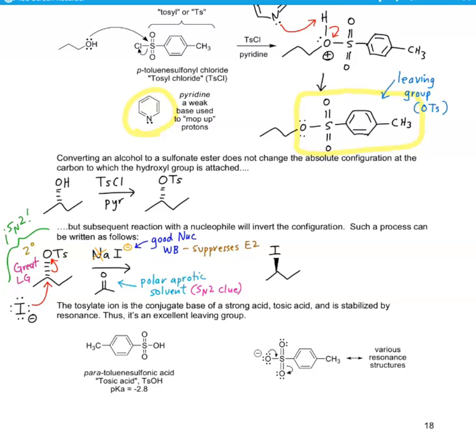Tosylate ions are the conjugate bases of strong acids. The strong acid is tosic acid, which is something that we've been recently introduced to in the course. Tosic acid has a lot in common with the structure of sulfuric acid. It's a strong Bronsted acid.